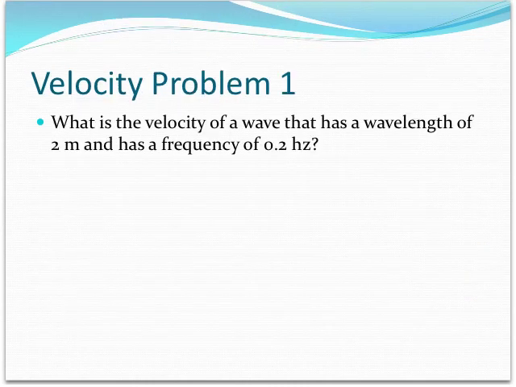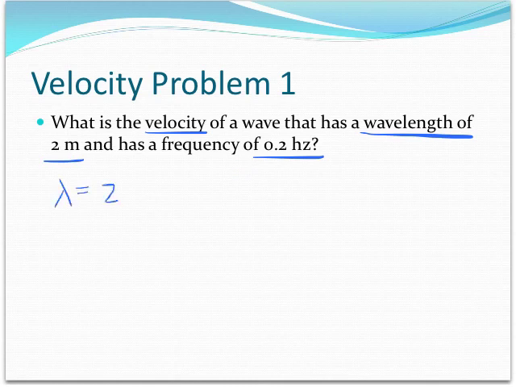So, some problems that you might have are something like this. This starts out with a really easy one because this is just plug and chug. What is the velocity of a wave that has a wavelength of 2 meters and a frequency of 0.2 hertz? So we know lambda is 2 meters. We know frequency is 0.2 hertz.